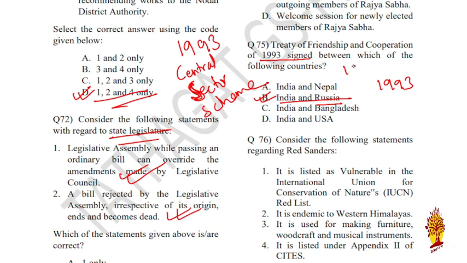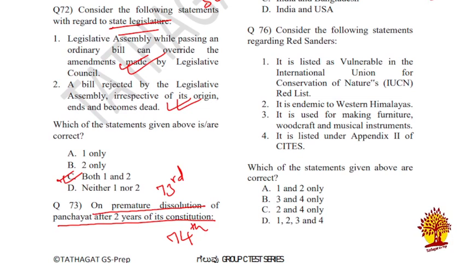Earlier, in 1971-72 only Soviet Union and India had signed a friendship and cooperation treaty, but after the collapse of Soviet Union, separately India and Russia signed Treaty of Friendship and Cooperation of 1993. Here, after 30 years, we are celebrating this year as 30 years of Treaty of Friendship and Cooperation. So, option B is the right answer.